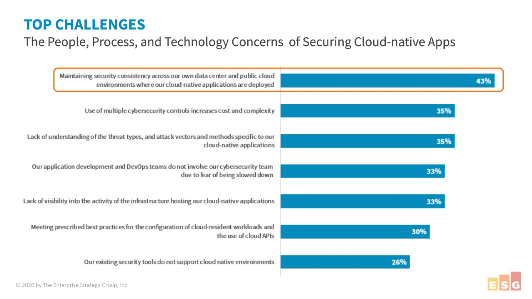So the first one actually dovetails really well off the prior slide, which is it's really all about consistency. The number one challenge that the nearly 400 organizations who participated in the study said, I've got a hybrid multi-cloud environment where my cloud-native applications are being deployed, and consistency is really hard across those environments.